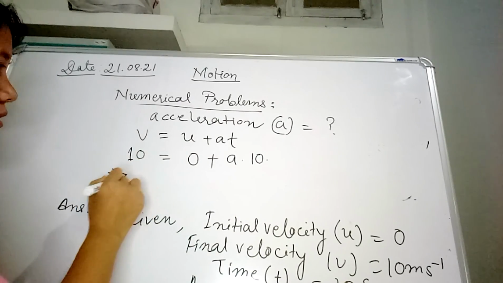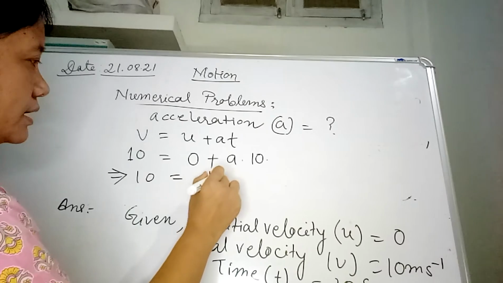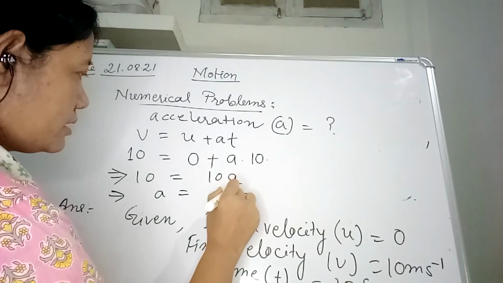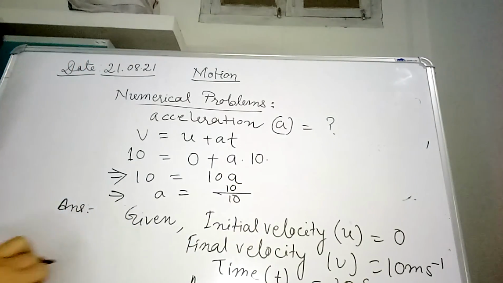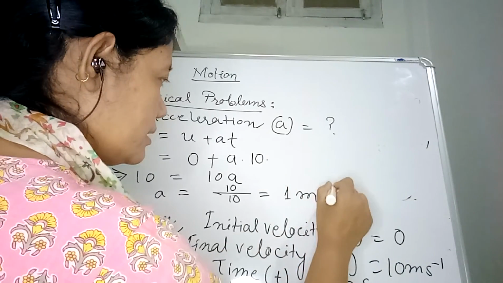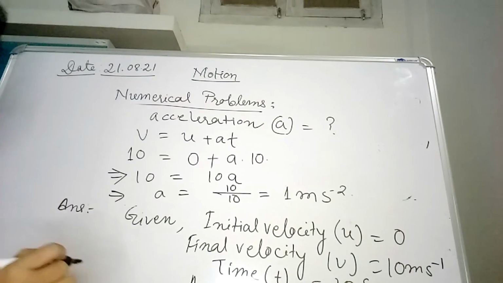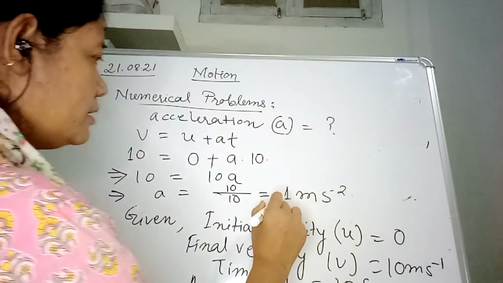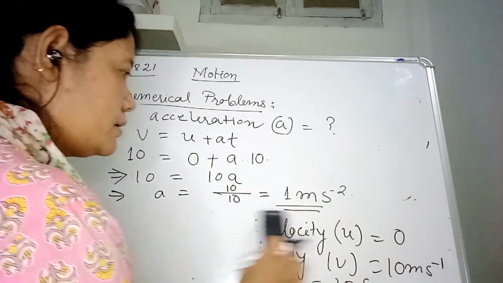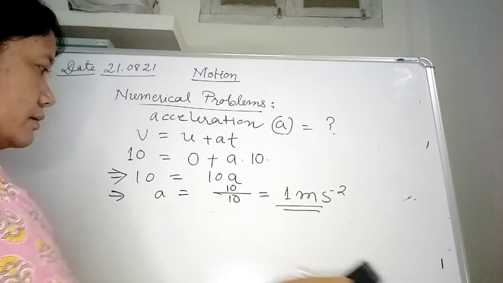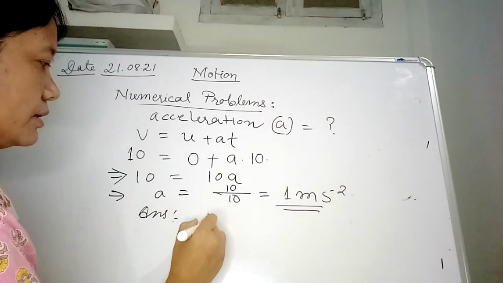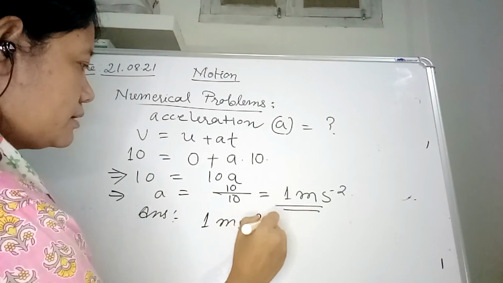Then what we will get, 10 is equal to 10a, or a is equal to 10 by 10. What we will get, 1 meter per second square. So this will be the answer. Answer is equal to 1 meter per second square.